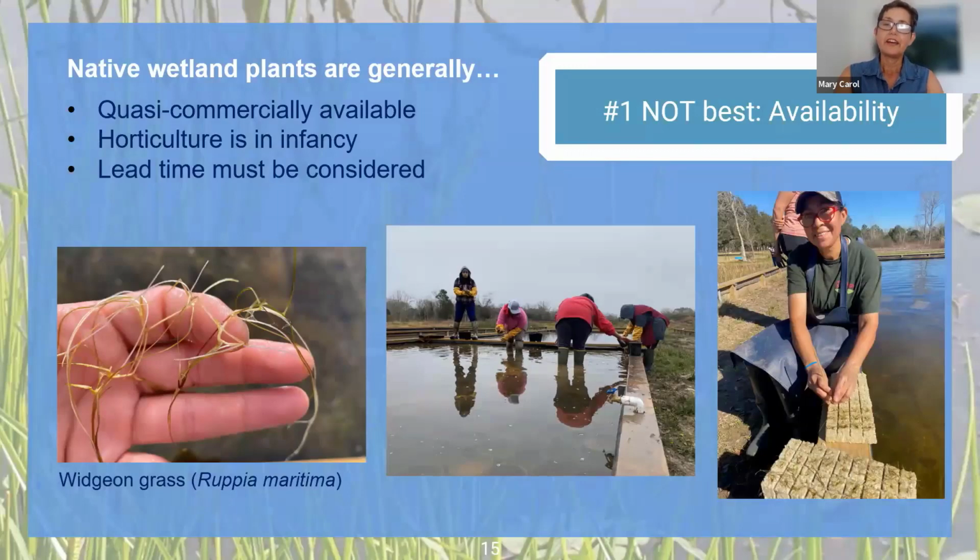And then on the other hand, maybe not the best, one of the challenges of this business is that the horticulture of the plants, the supply of the plants is ramping up, and yet the demand is not quite meeting that.